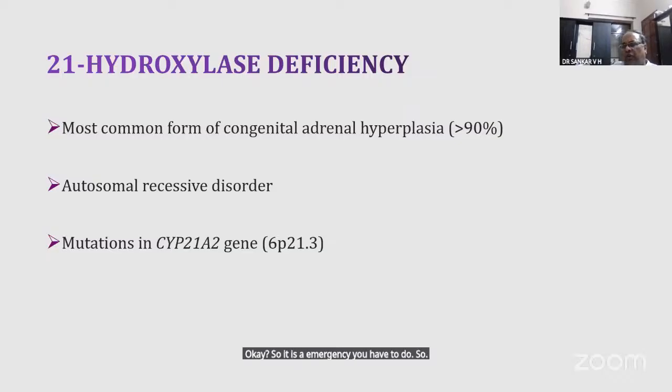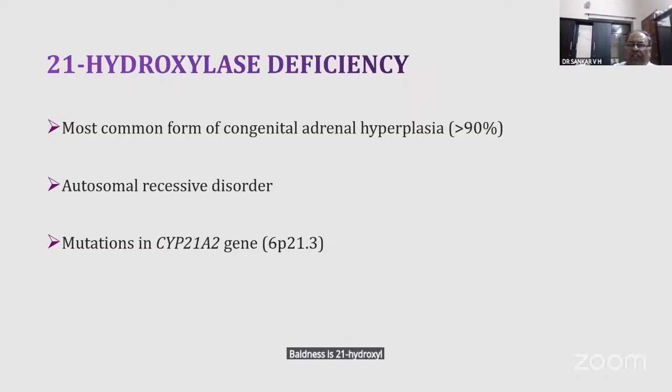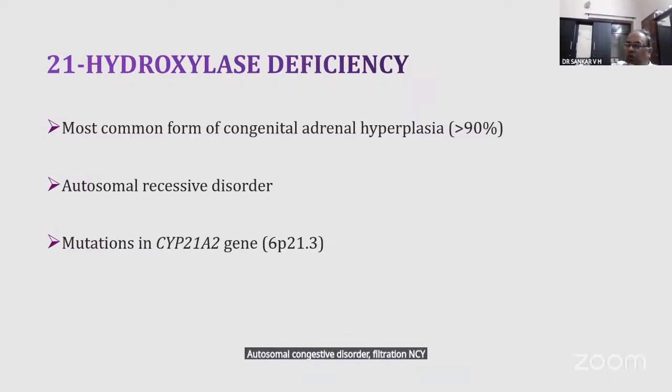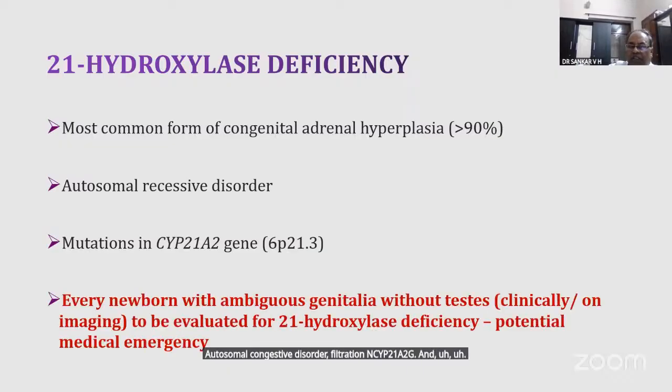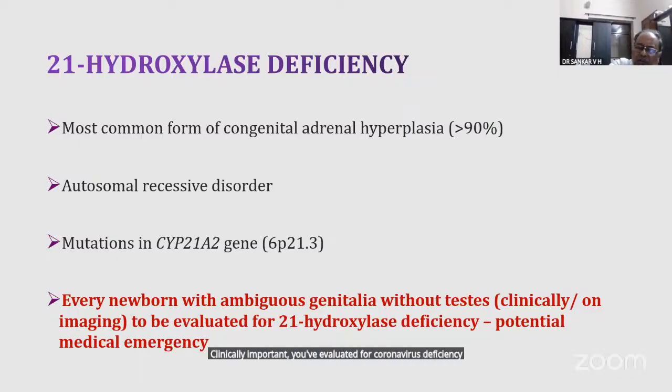So, as you know, there are various types of congenital adrenal hyperplasia. The commonest is 21-hydroxylase deficiency, which is the most common form. It is an autosomal recessive disorder, with mutation in the CYP21A2 gene. Every newborn with ambiguous or atypical genitalia without testis, clinically, when evaluated for hydroxylase deficiency, is potentially a medical emergency.